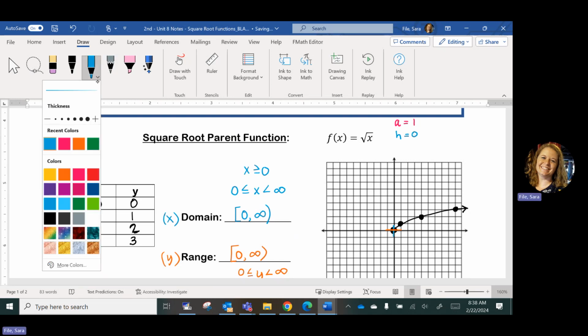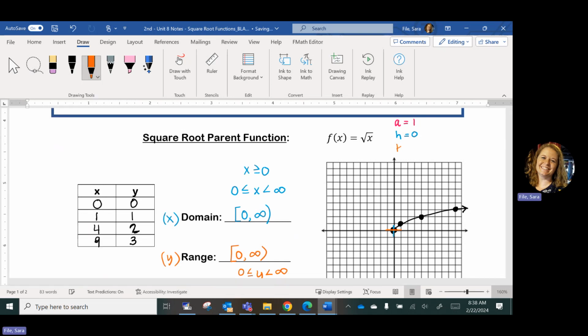My K in the parent function, remember K is what's added on the outside, is also an understood 0 because there's nothing added or subtracted inside or outside in the parent function. So you remember that your vertex, that starting point there, is always (H, K).